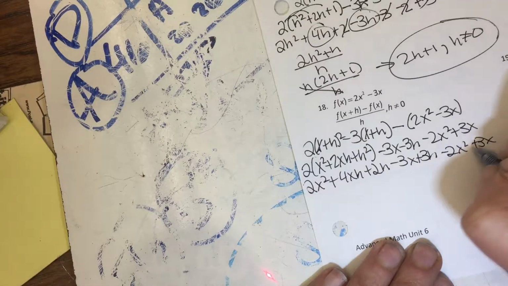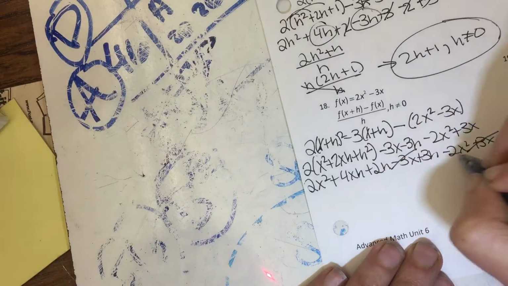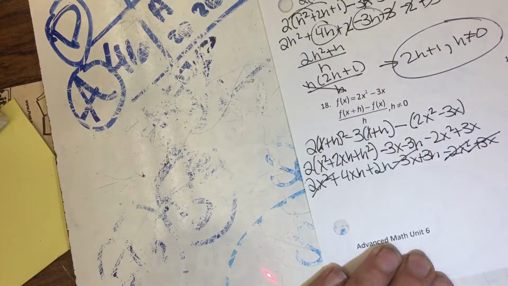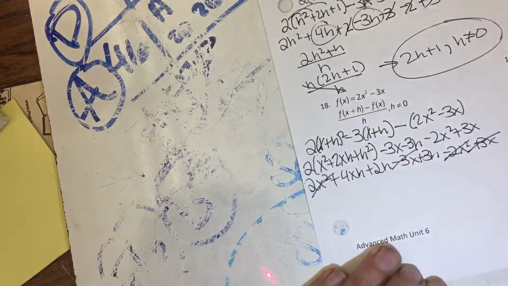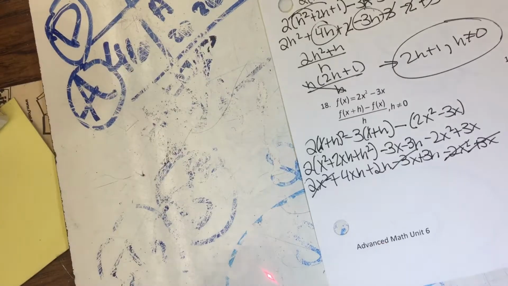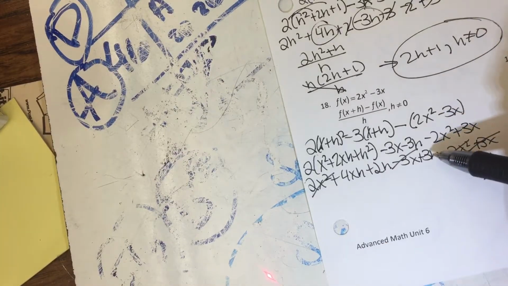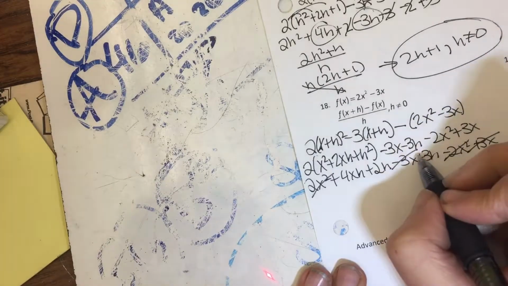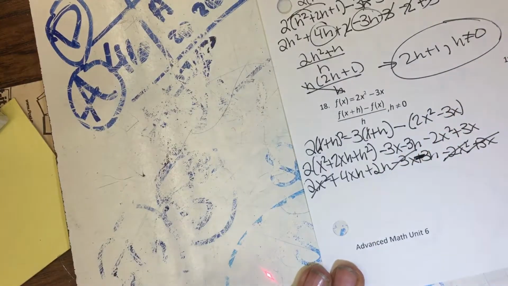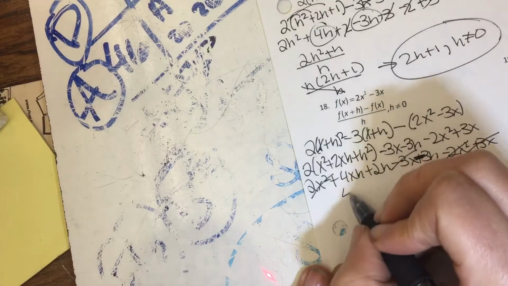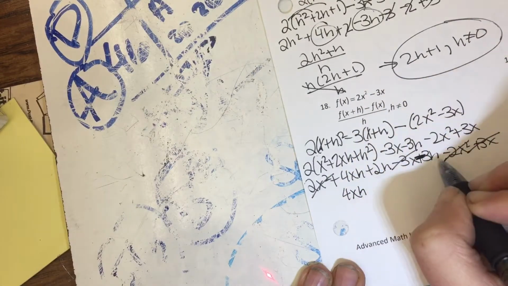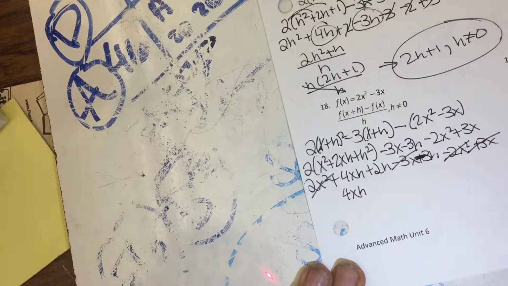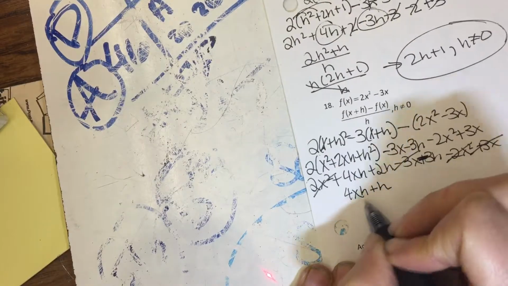Okay, I'm going to cancel, cancel, cancel, cancel. I think I can combine those, but why do I have a minus? I had a negative 3, so this should still be a negative here. Negative 3h, okay? So I'm going to have 4xh, and when I combine those, I have a plus h.